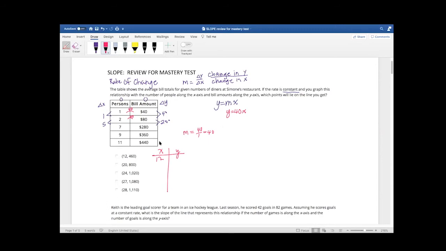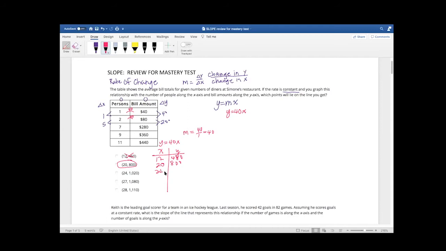Using y equals 40x, I take my x value, multiply it by 40, and that should give me 480. That's not this point here. It's 460 instead. So I know that one doesn't work. It does not fall on this line. Let's try the 20. If I take my x value and multiply it by 40, my y value would be 800. So that one works. That's good.